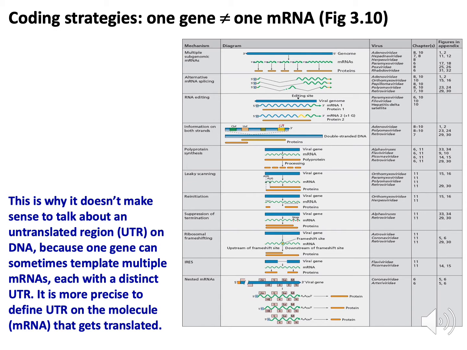And so it's just more precise to talk about an untranslated region on the molecule, which is messenger RNA, that gets translated. It's just more precise. And so again, this figure here is going to be really useful for you when you start to put all the things together from this class.